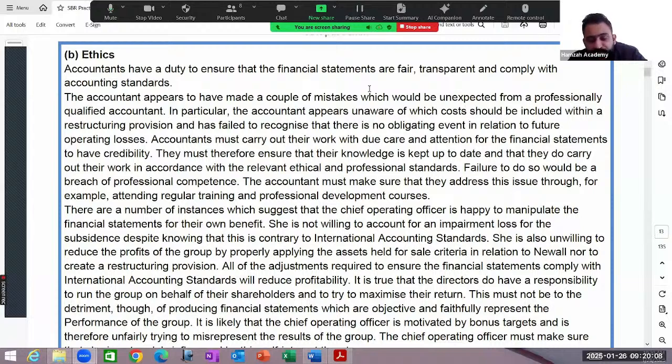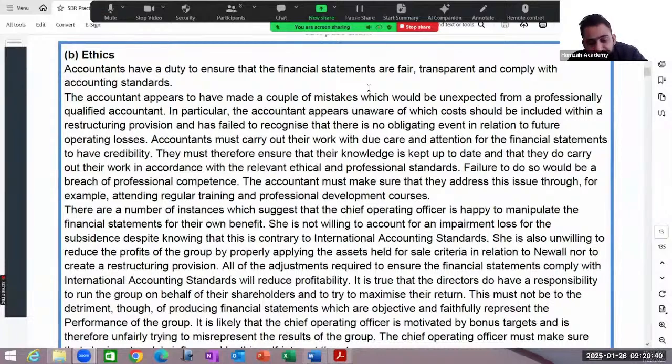A couple of times, he is emphasizing that provision be made for future operating costs like impairment losses and trading losses. He is emphasizing that it should be included in a provision, but IAS 37 does not allow it. This shows a lack of professional competence on the part of the accountant.